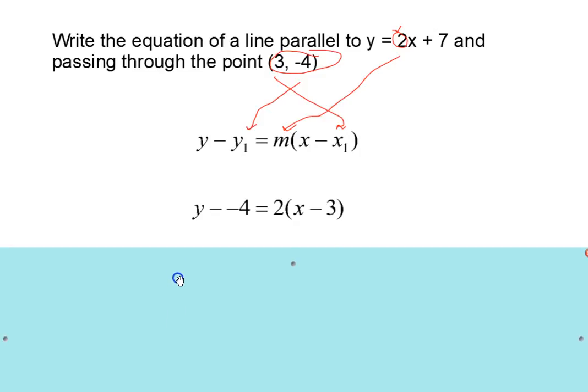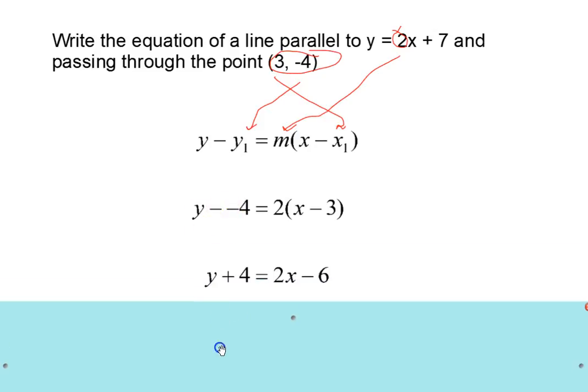So what that looks like is y minus -4, because that was our y, equals 2, our slope, times x minus 3. Well, let's simplify that and get rid of that minus and -4. I also went ahead and distributed my 2 times x and 2 times 3, which gives us y plus 4 equals 2x minus 6.